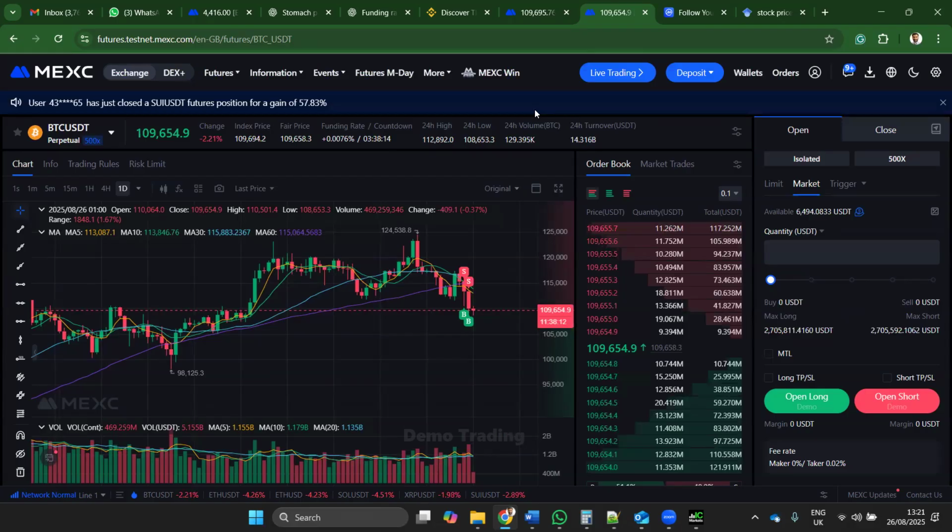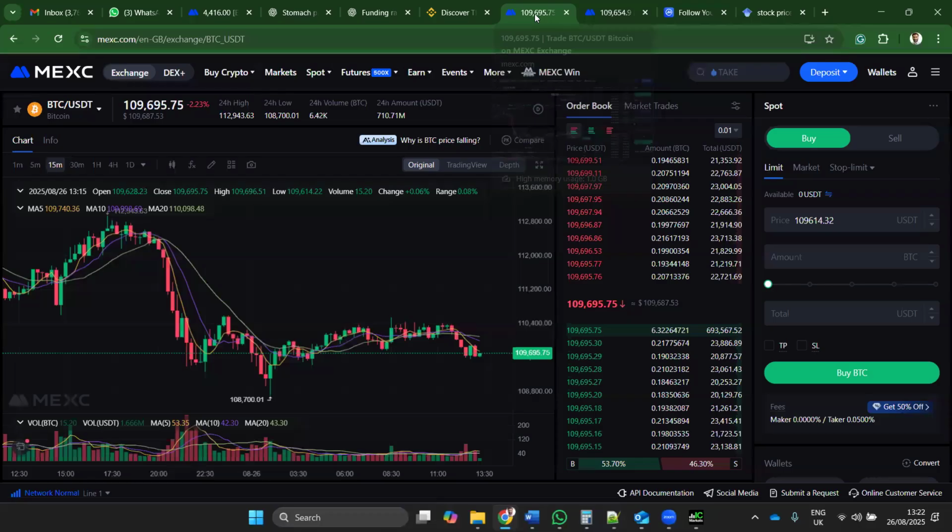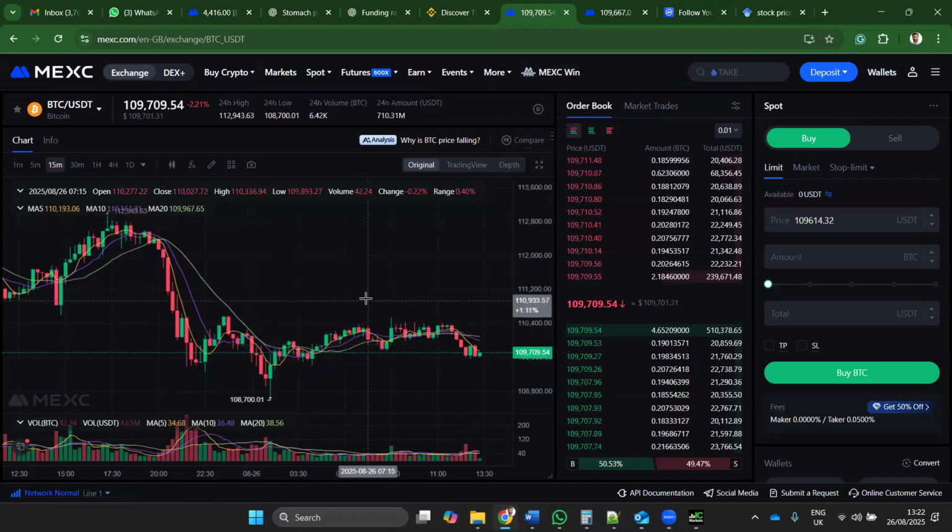The main thing that I want you guys to understand is that the real price, in the case of BTC/USDT, is its price in the spot. Whatever price is being shown here in the spot, that's the real price of BTC.